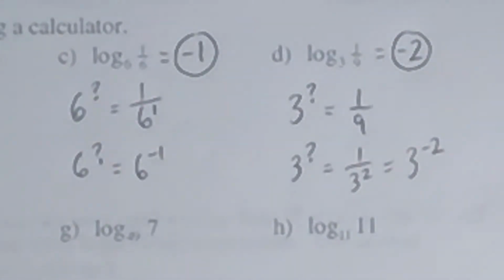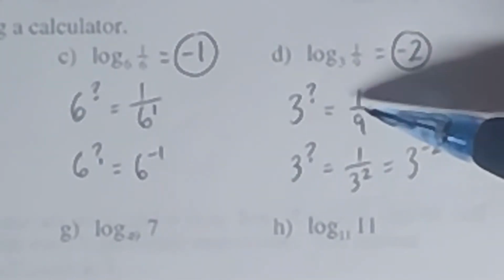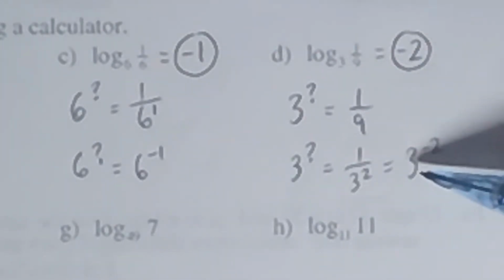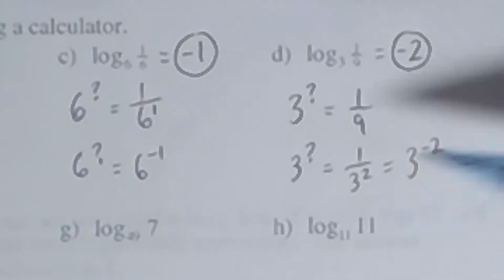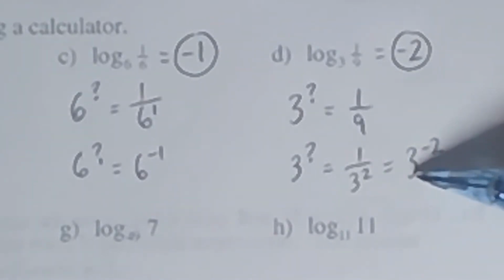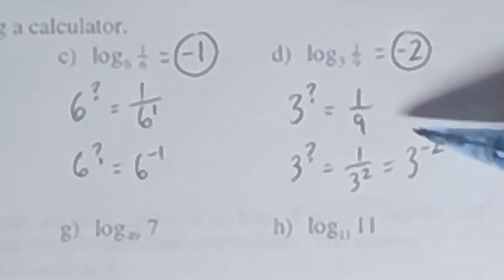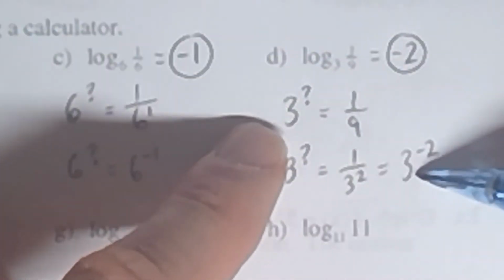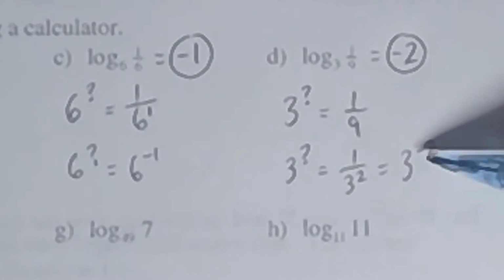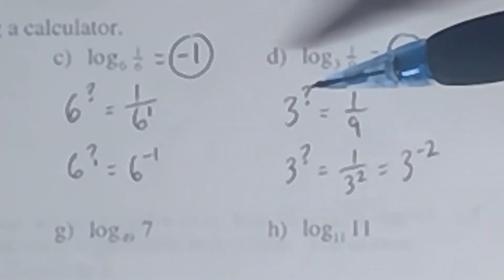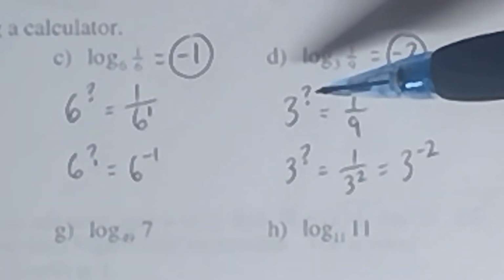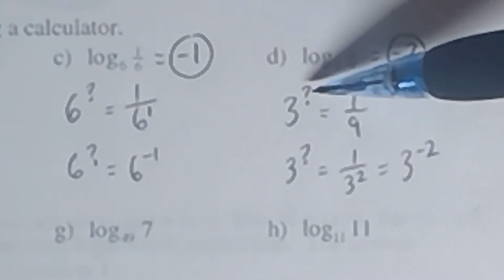Okay. Remember, you want to rewrite the product term so that it is not 1 over something, but you want to ultimately write it where you just have the base, and it has to be the same base, of course. You want to rewrite it so that it has the same base with an exponent, but just those two things, the base and the exponent, so that then you can reason that the missing exponent is negative 2.